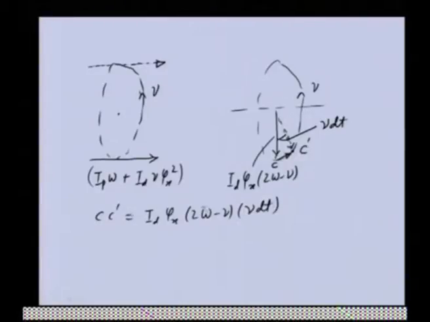So this is the change in angular momentum, and we can get the time rate of change of angular momentum if we divide this expression by delta t. So that will be this. Basically this is nothing but the gyroscopic moment.